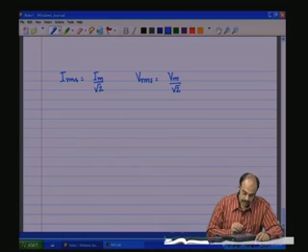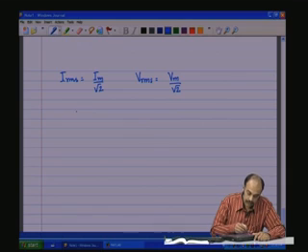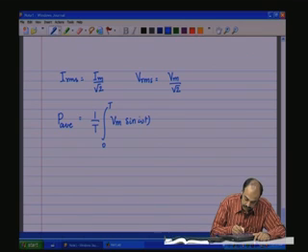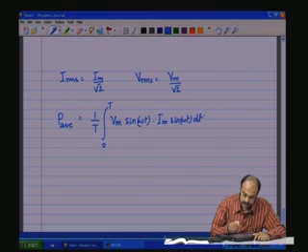Now, let us come from the integral point of view. Let us say power average, which is equal to 1 by T integral of 0 to T Vm sin omega t into Im sin omega t dt.